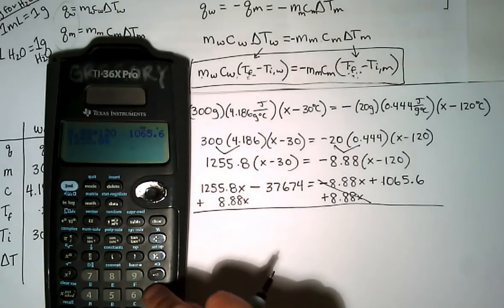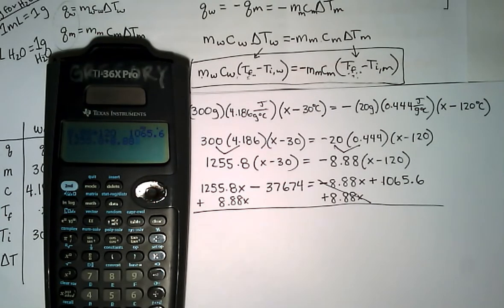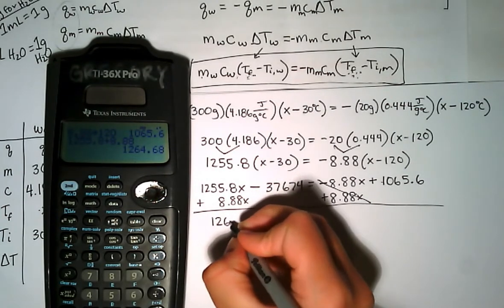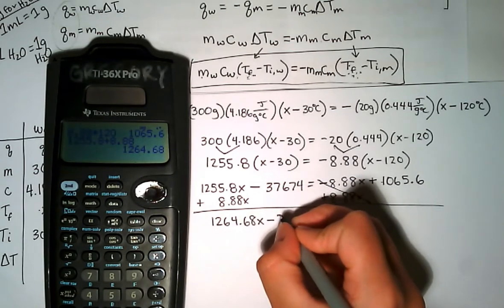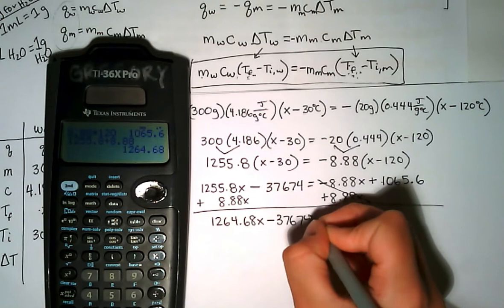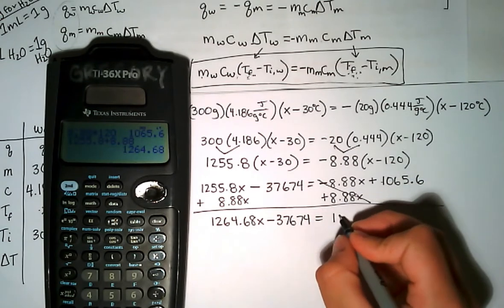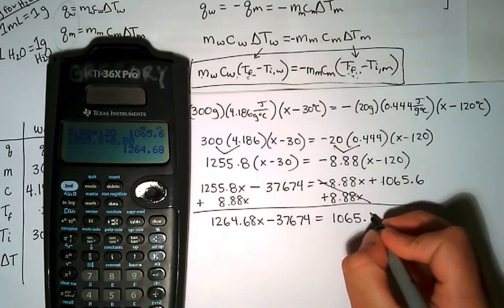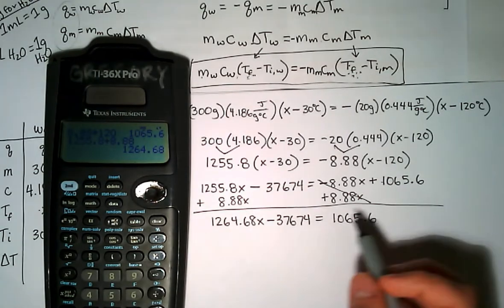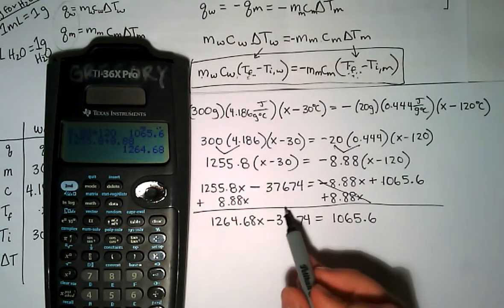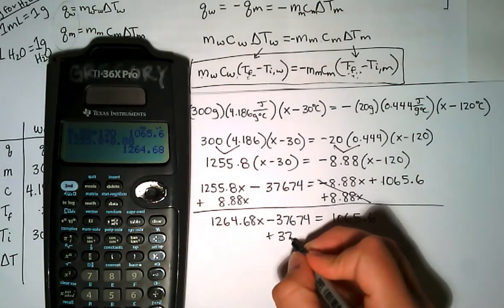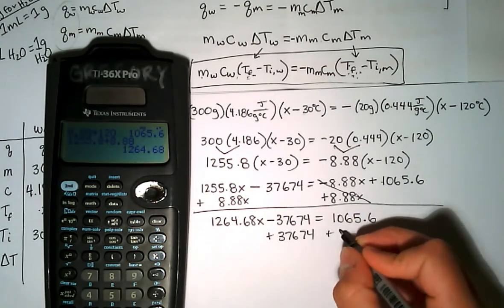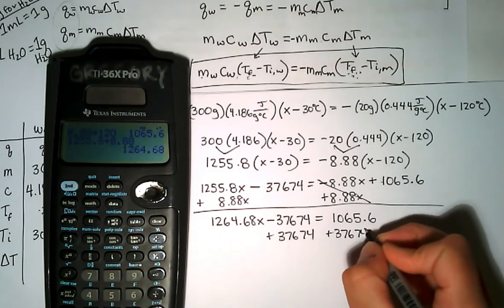And I have 1255.8 plus 8.88, 1264.68x minus 37674 equals just 1065.6. So I'm making this problem look simpler and simpler. Now I just need to combine my non-x terms, so plus 37674 on both sides.